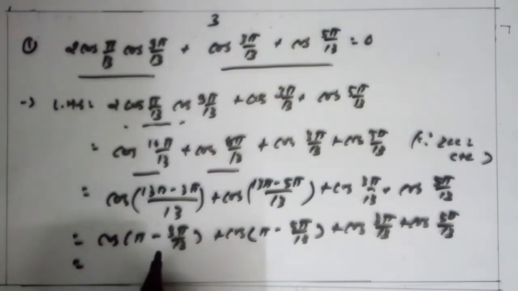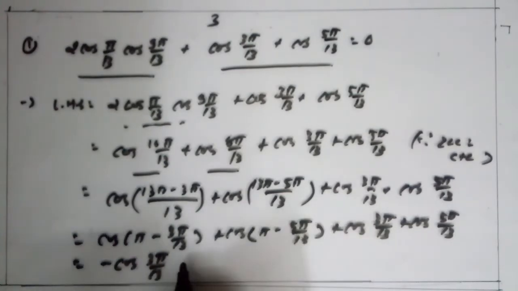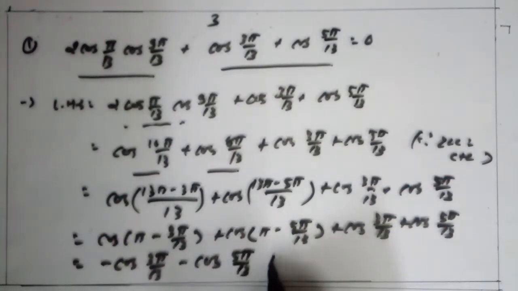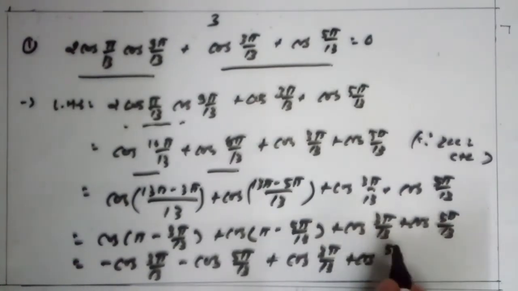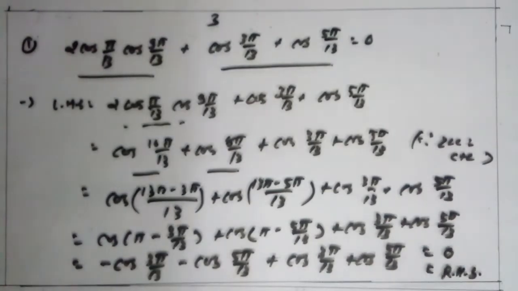We know that cos(π − 3π/13) is equal to minus cos 3π/13, and cos(π − 5π/13) is equal to minus cos 5π/13, plus cos 3π/13 plus cos 5π/13. Minus plus cancel, minus plus cancel, we get 0. So it is equal to the right hand side. Clear?